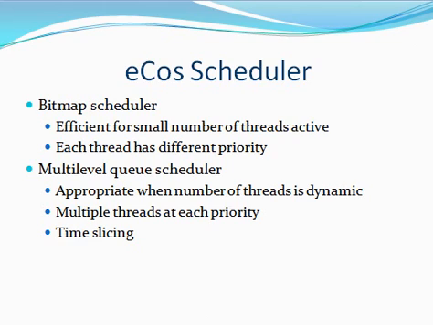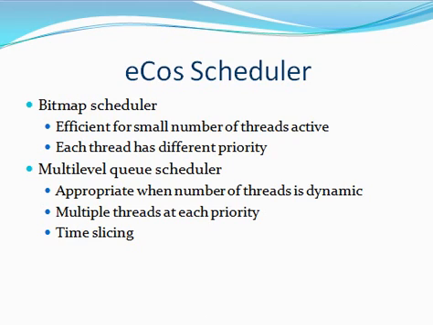The multi-queue scheduler is appropriate if the number of threads is dynamic, or it is desirable to have multiple threads at the same priority level. The multi-level scheduler is also needed if time slicing is desired.